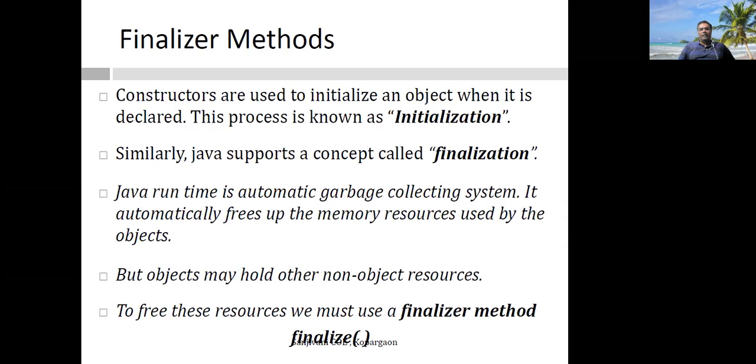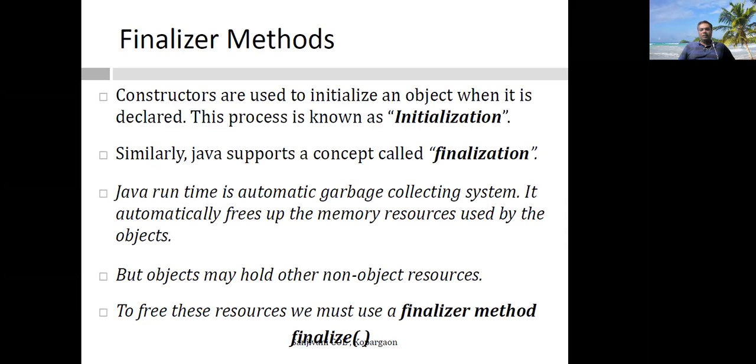Next one is the finalizer method. Constructors are used to initialize an object when it is declared. This process is known as initialization. Similarly, Java supports finalization. The Java runtime system is a garbage collecting system. It automatically frees up the memory resources used by the object in the Java programming language.